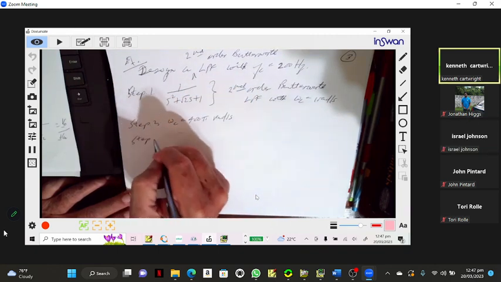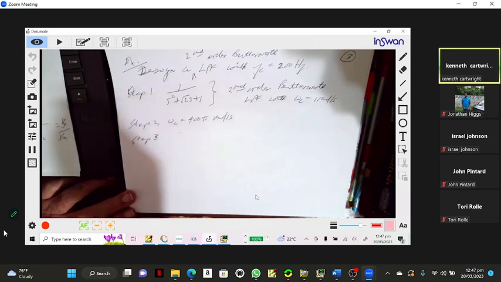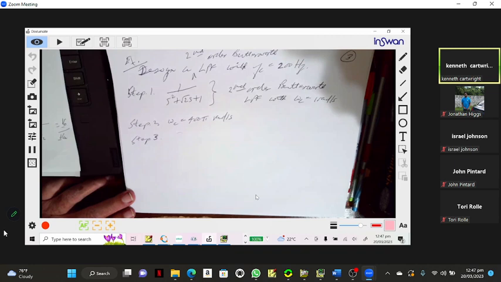Step three. Wherever you see S, you would divide by 400 pi.